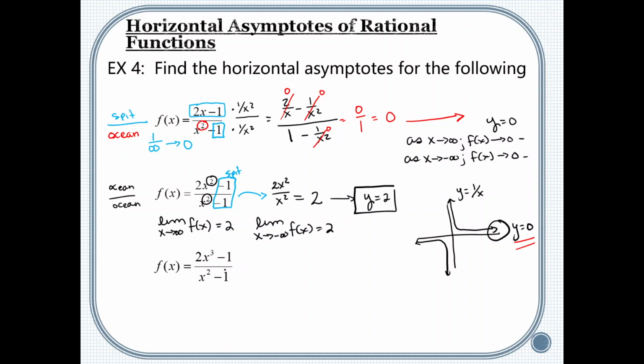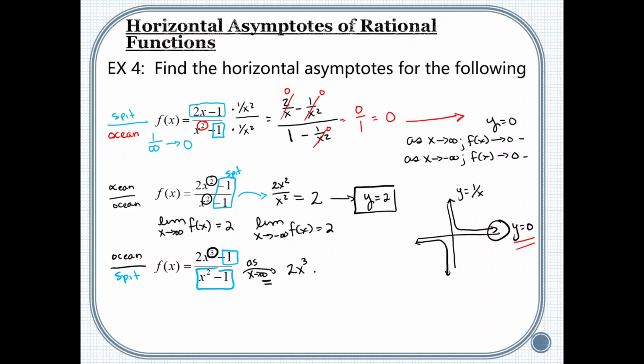Now let's take a look at this last one. Now our ocean is on the top. So this is ocean over spit. All of this is spit. So as x goes to infinity, this function just goes to 2x cubed. That's the controlling factor.